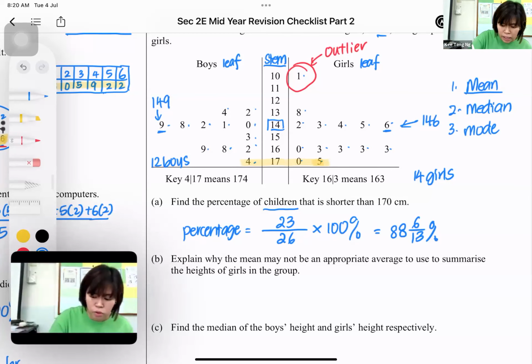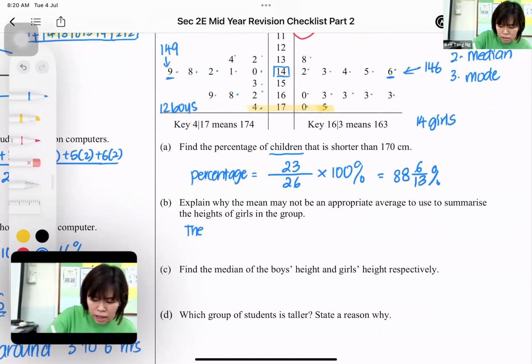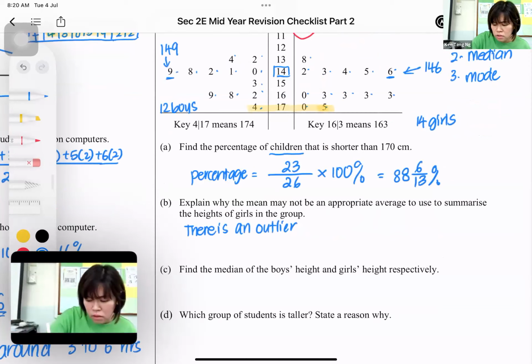So we have to explain there is an outlier of 101 cm. This greatly decreases the mean. Therefore, the mean will not be an appropriate average to use.